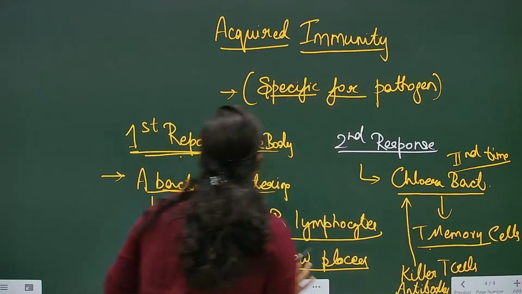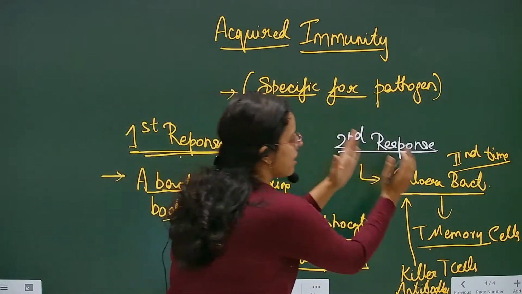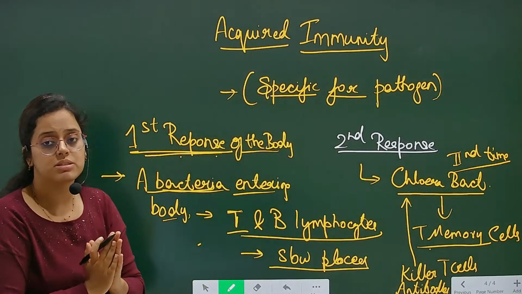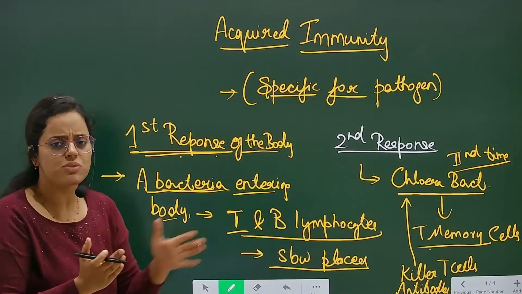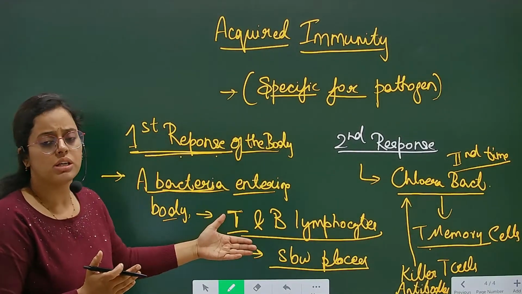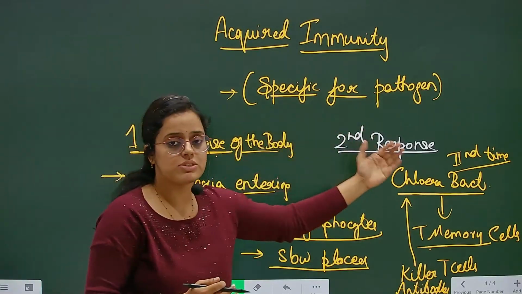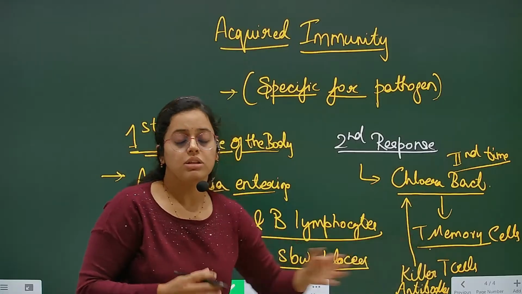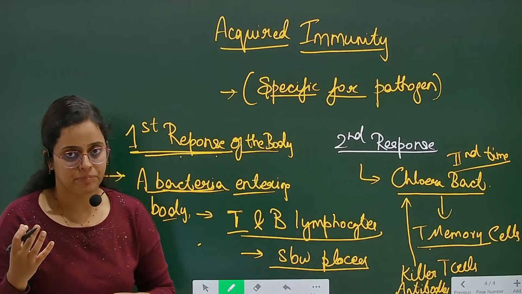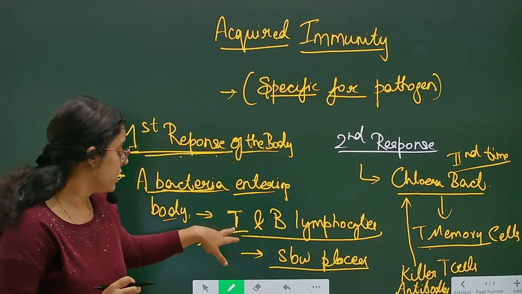Now you have understood the first response and the second response of the body, and which is faster. The first response is always slow, the second response is always fast. The immunity has a memory. The memory is because of T cells.